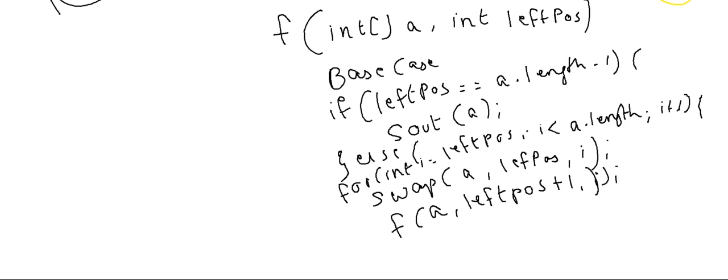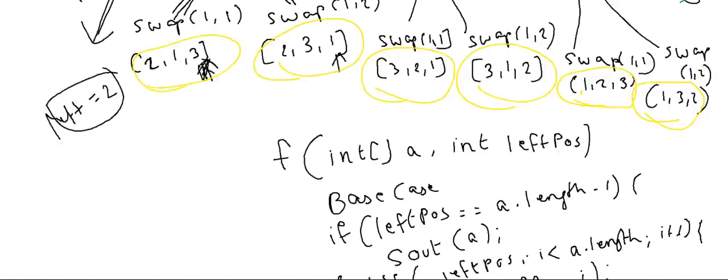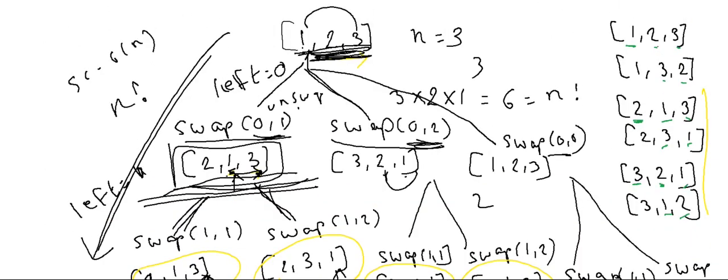I don't care about i, just the left position. Why am I incrementing my left position? Because I have already performed the swap on the left position. Here left was 1, and I already performed a swap at this position.